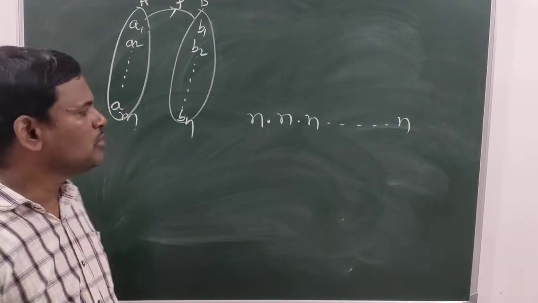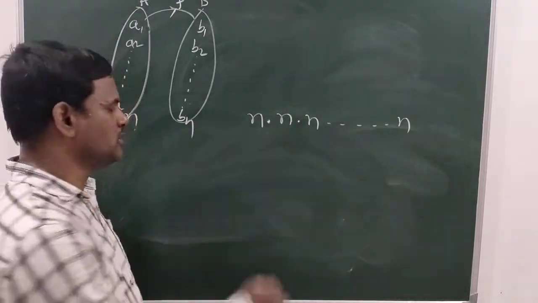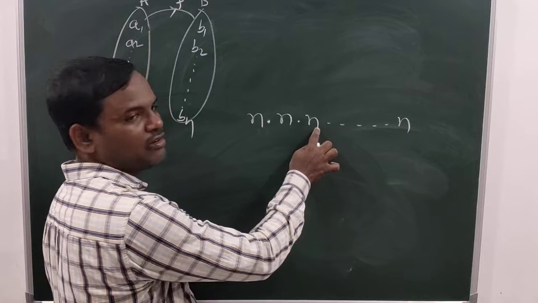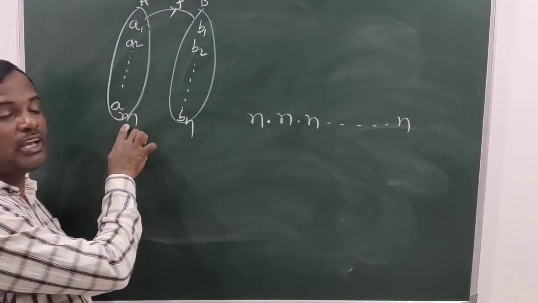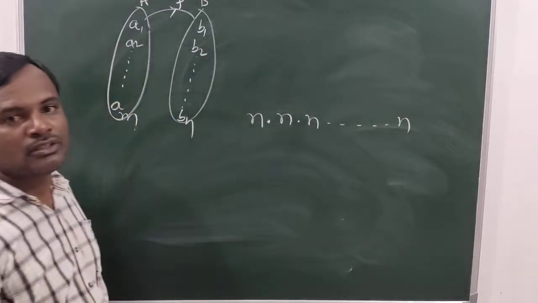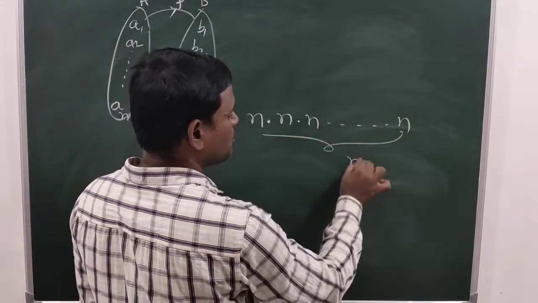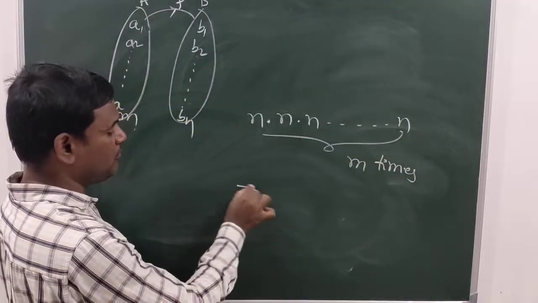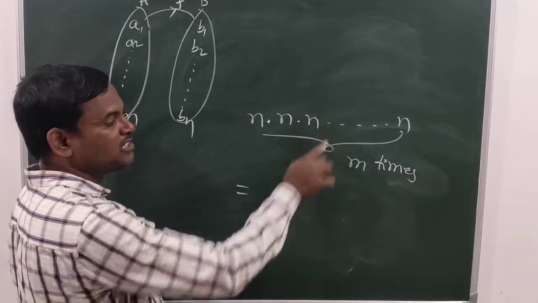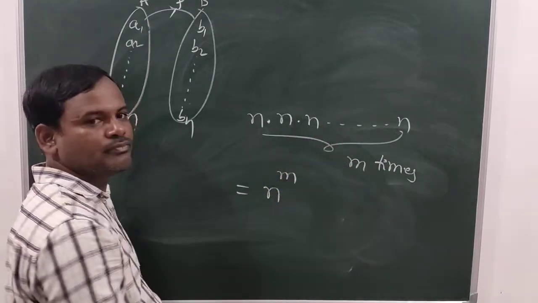So now take the product of all these possibilities. This n is repeating how many times? M times. So now take the product of all these n's. How many n's are there? M n's, whose product is n power m.